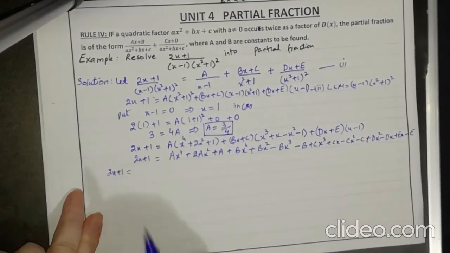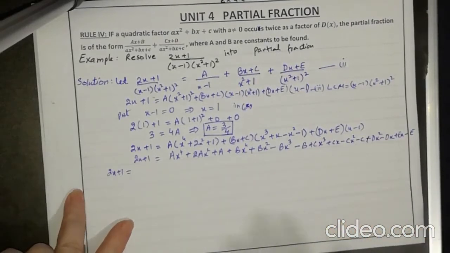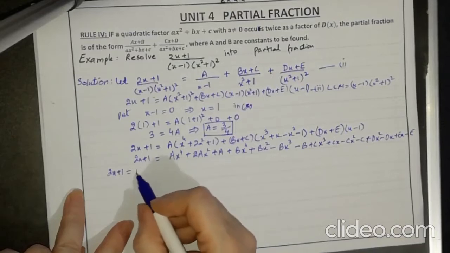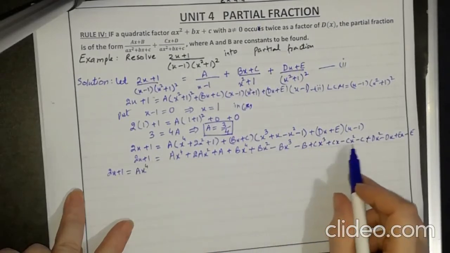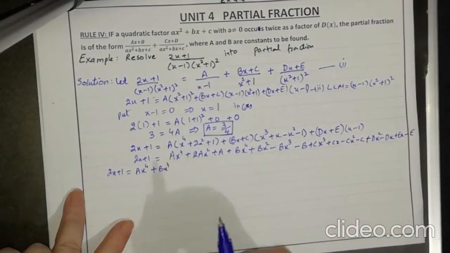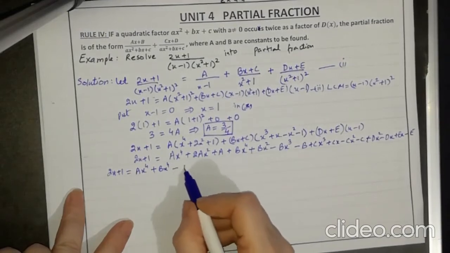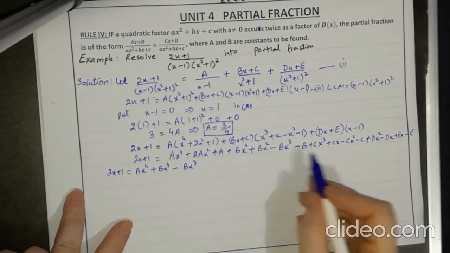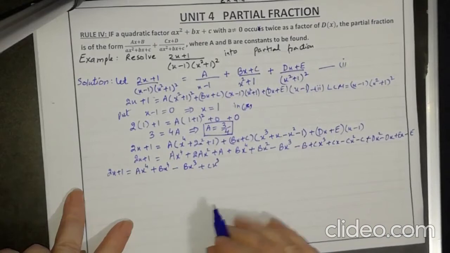Now 2x plus 1. So we have all these terms, so we have to combine the like terms. For the like terms, ax⁴ and here is bx⁴. Now combine the terms of x cube: minus bx cube, and we have cx cube plus cx cube.